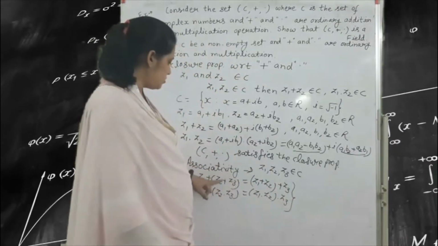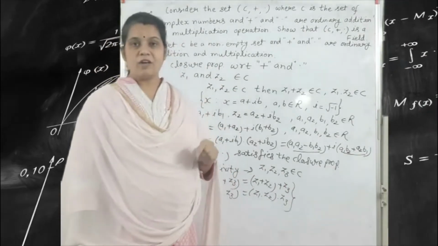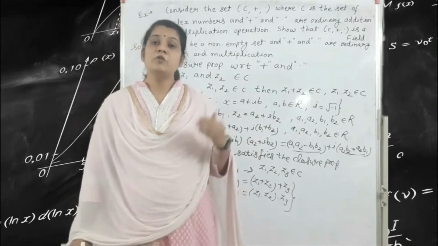With the help of these two, C with plus and dot satisfies the associative property.